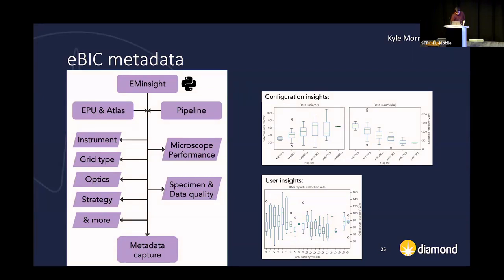Here he's plotting collection rate as a function of mag, and you can look at how different bags do their data collection differently and how that affects things like data collection rate.